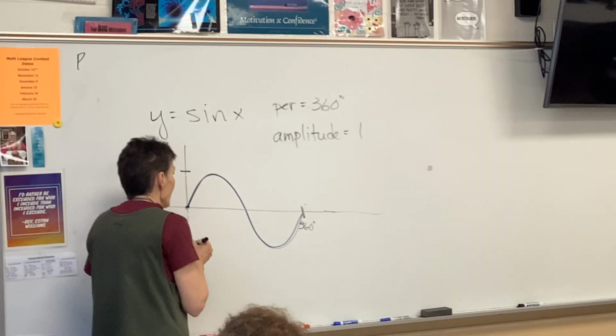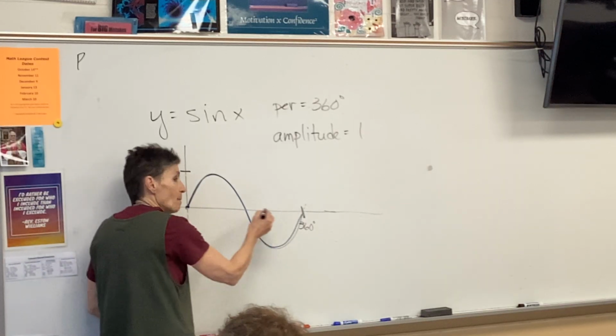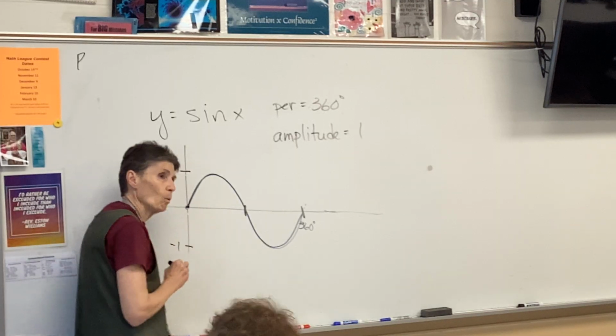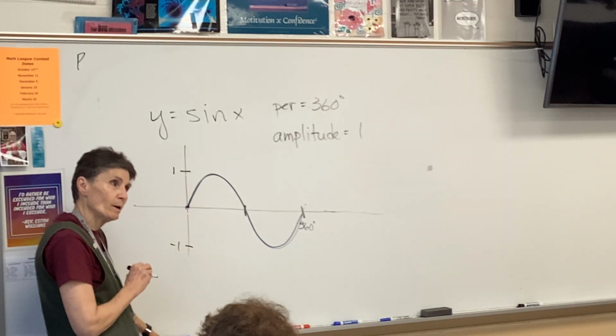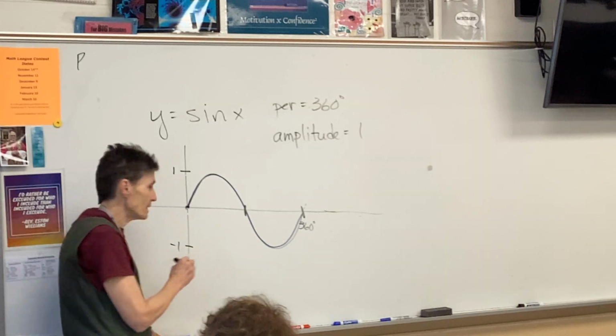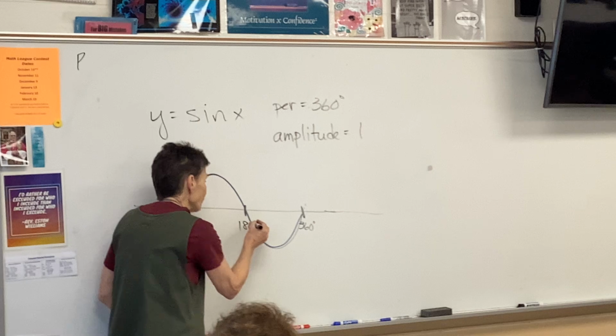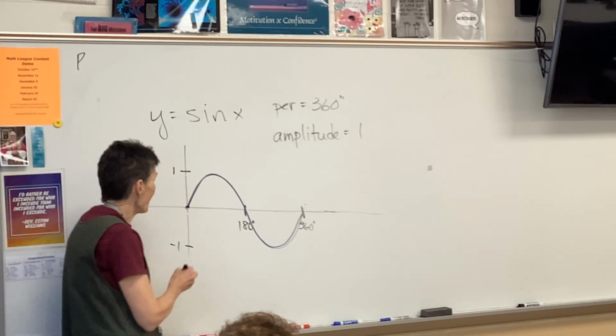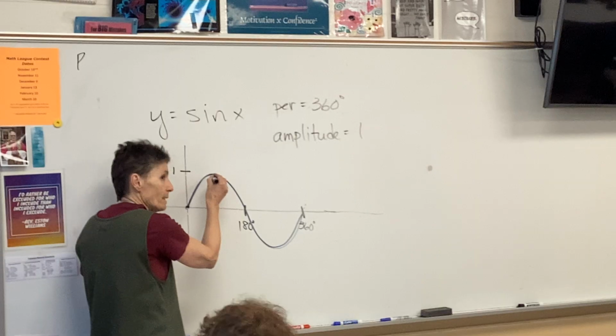Also have to label some other things at this point right here. Anybody want to take a wild guess what that point will be labeled? How many degrees? 180, of course. That's halfway around. And then you have to label the high point of the curve.